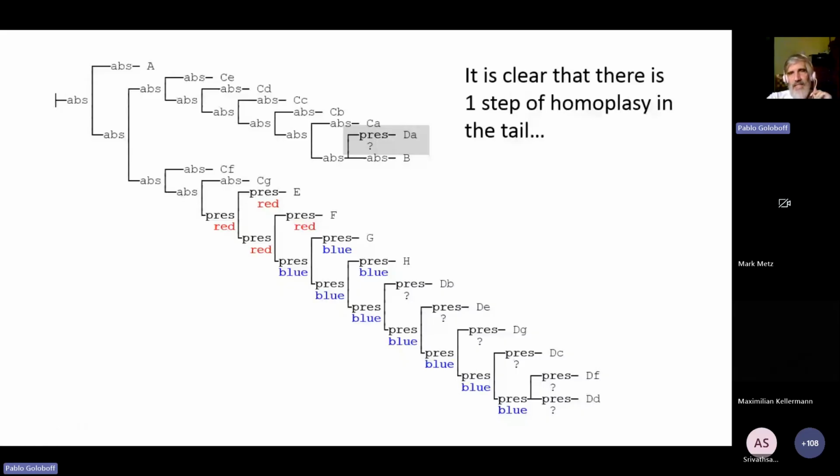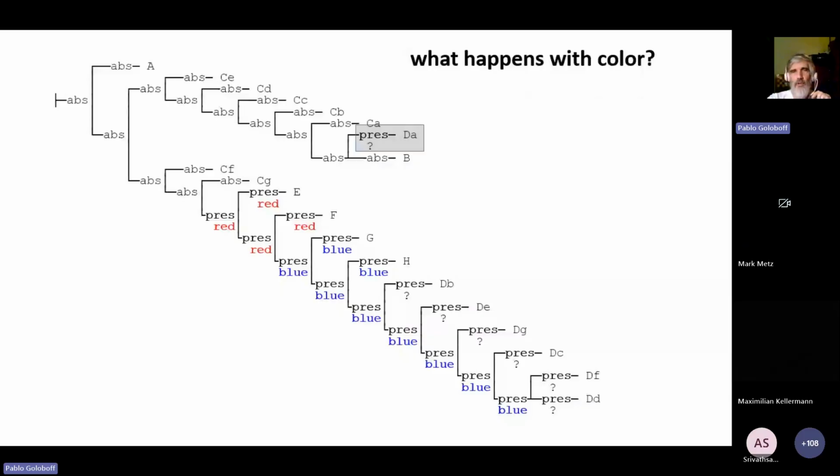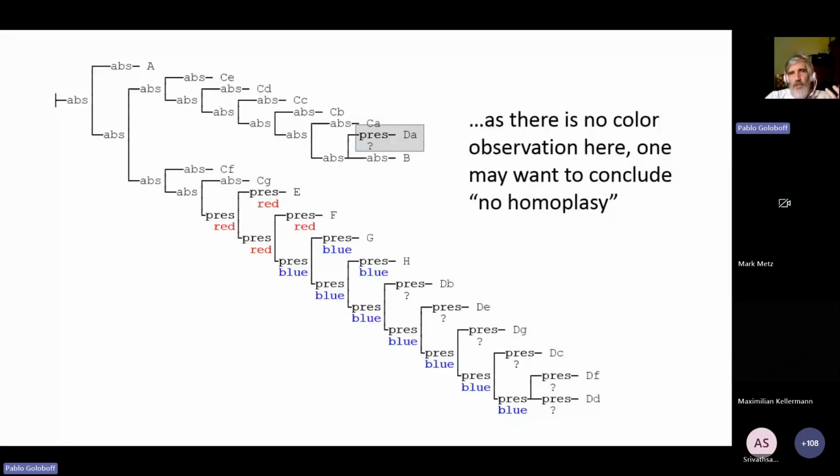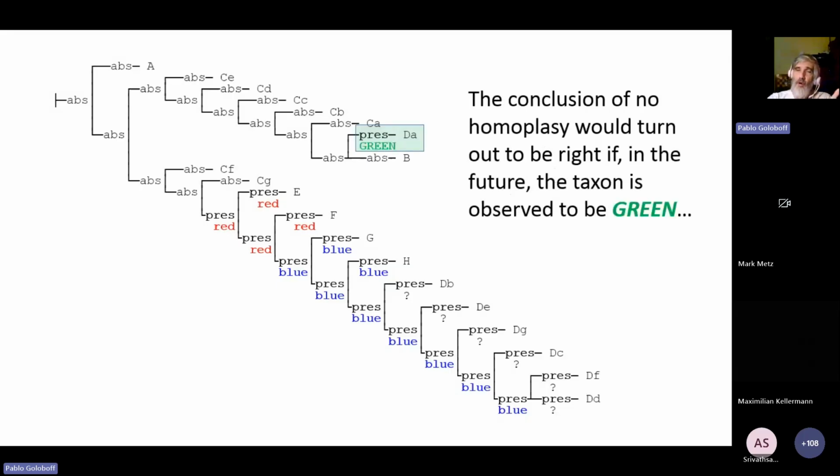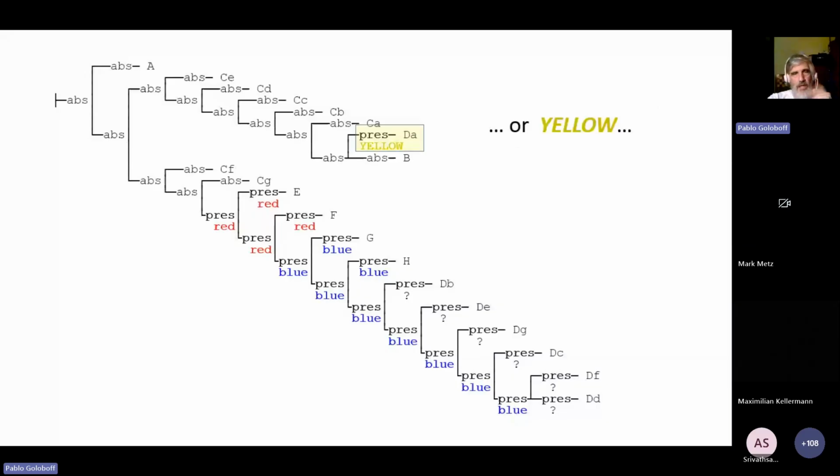In that case, it is clear that there is 1 step of homoplasy in the tail, but what happens with the unobserved entry? What happens with the color? Well, there is no color observation here, so one may want to conclude no homoplasy, which is what one would do with standard characters. But the conclusion of no homoplasy would turn out to be right if in the future the taxon is observed to be, say, green, or yellow, or black, or white.